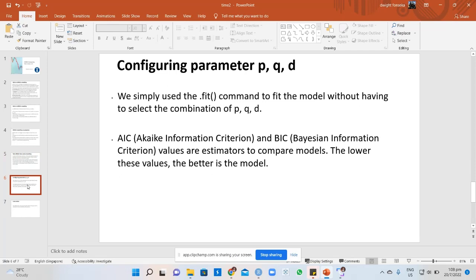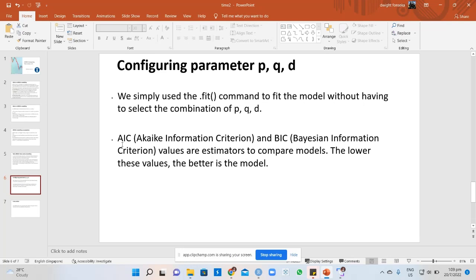Finding the optimal values for P, D, and Q is not easy per se. Sometimes it takes a bit of trial and error. To gauge the accuracy of our model using the values you key in for P, D, and Q, we use statistics like AIC, Akaike Information Criterion, and BIC, Bayesian Information Criterion, to compare different models created with different values.